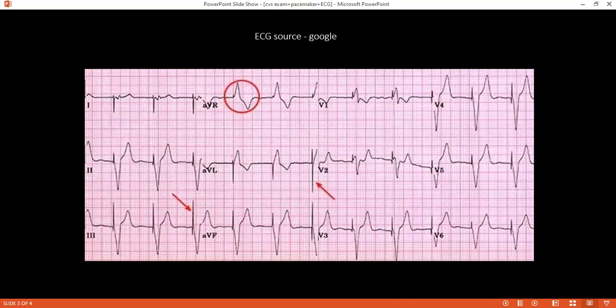This ECG shows absence of P waves with spike waves, which are suggestive of pacemaker rhythm.